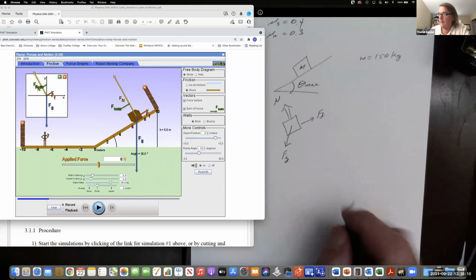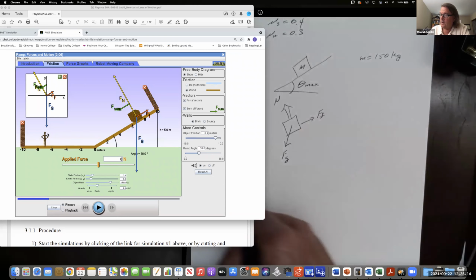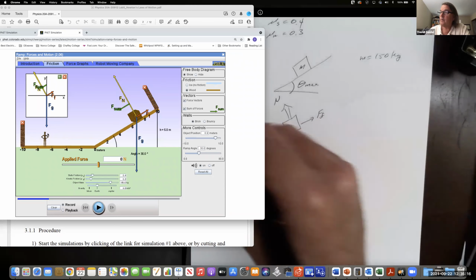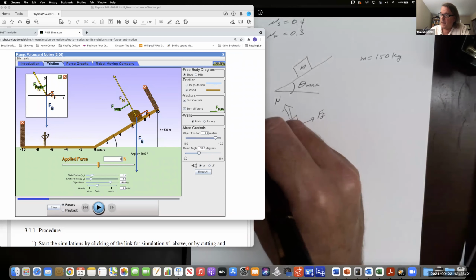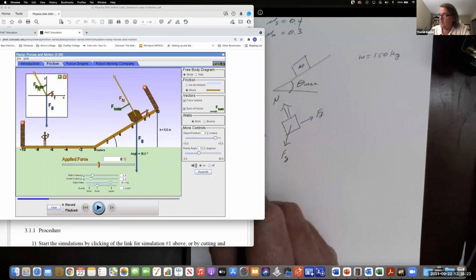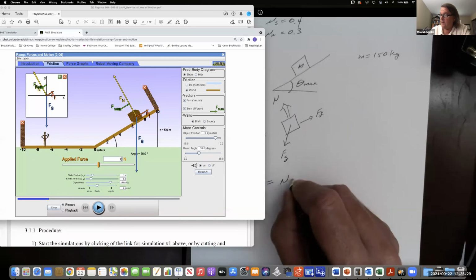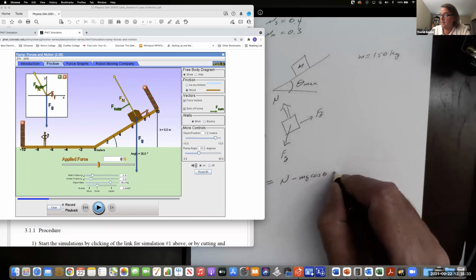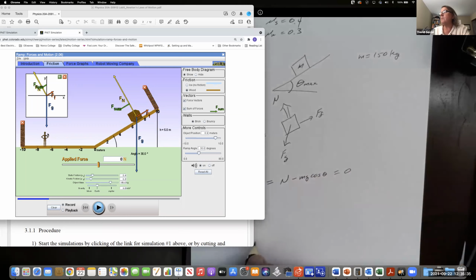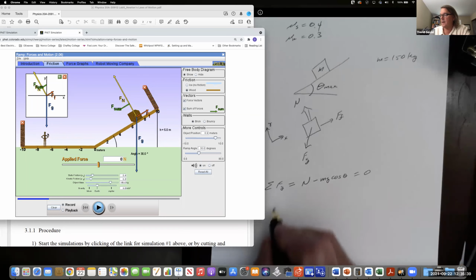We want to find the angle. So here, I'm going to set X and Y. Sum of the force in my Y direction is N minus mg cosine theta, and that is equal to 0. So N equals mg cosine theta.